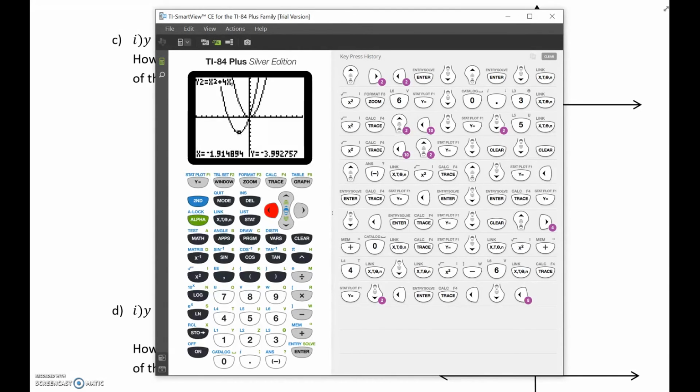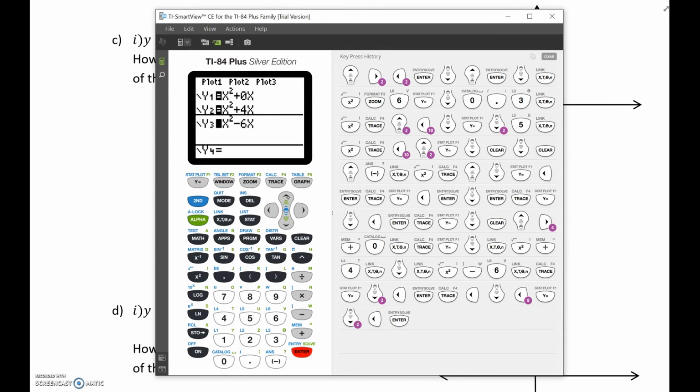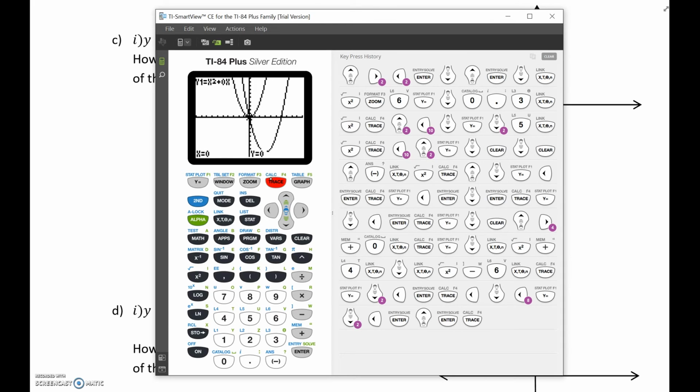I've got a 4x. Okay, let's go back and look at the 6x one. Let's turn that one on and turn this one off and hit trace again. Okay, my parent function, and then there's my other function. So that was x squared minus 6x.